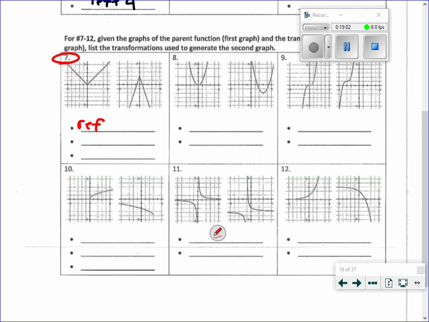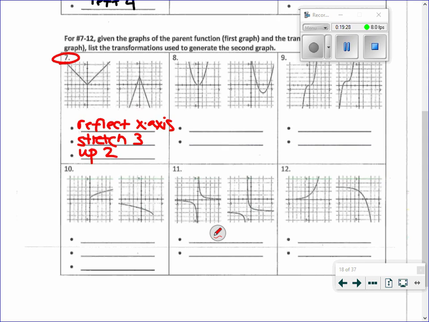So we reflect over the x-axis, and what else do we do? What else do we do, Callie? And then what's our last one? Yep, up 2.